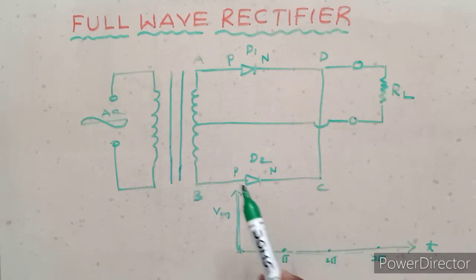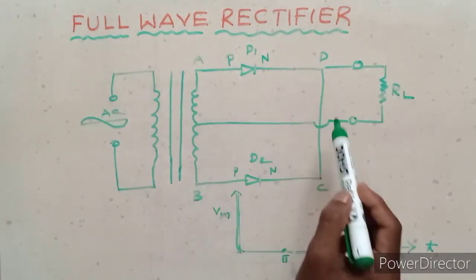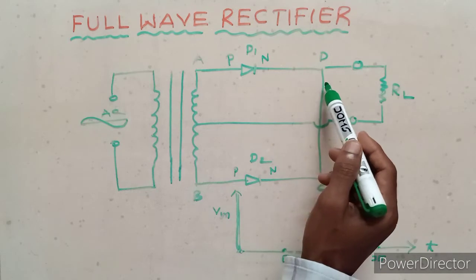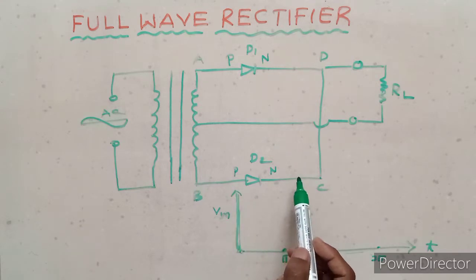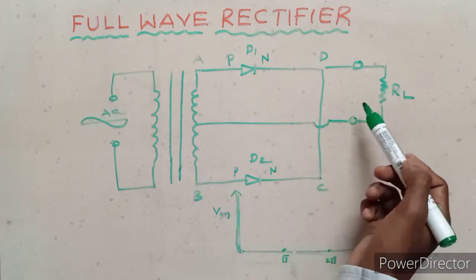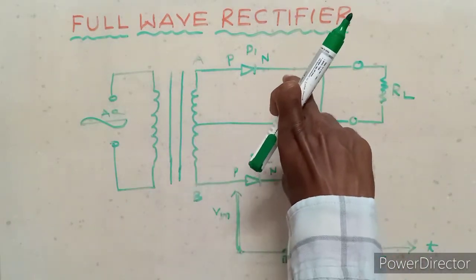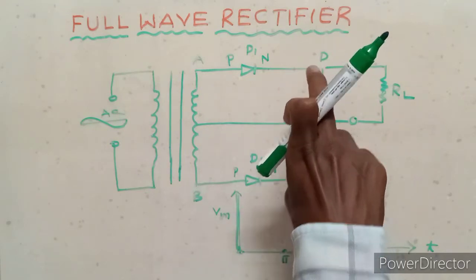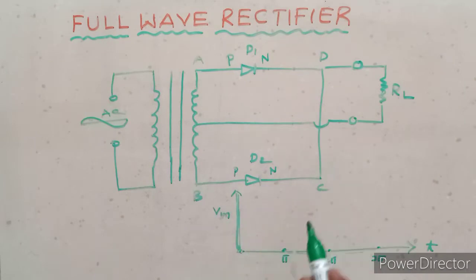First of all, conduction occurs through one diode during half of the input voltage cycle, and through the other diode in the next half cycle. The unidirectional current can flow through the load resistance during the input voltage cycle. So these are two half cycles, totally a full wave rectifier: first half cycle, second half cycle.